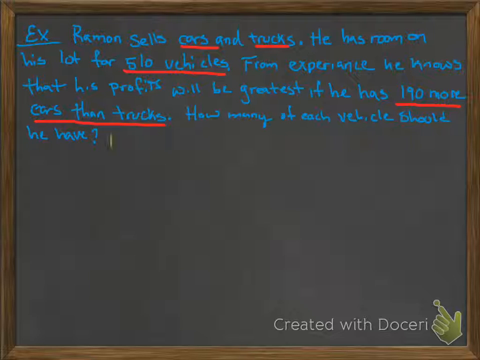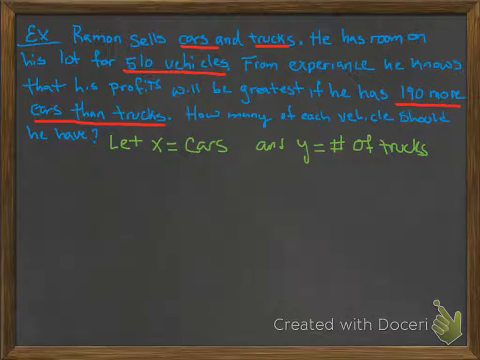So let's start with that let statement. Let x equal the number of cars, and y will equal the number of trucks. So my first equation: I know he has room for 510 vehicles, so x plus y will equal 510.